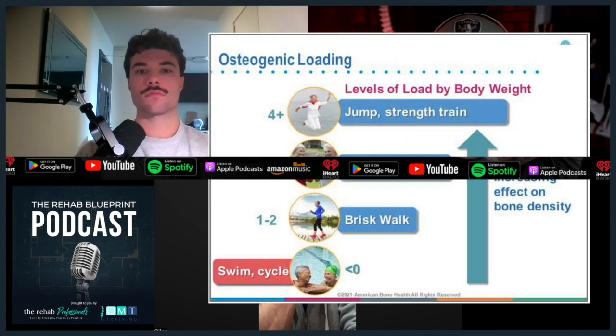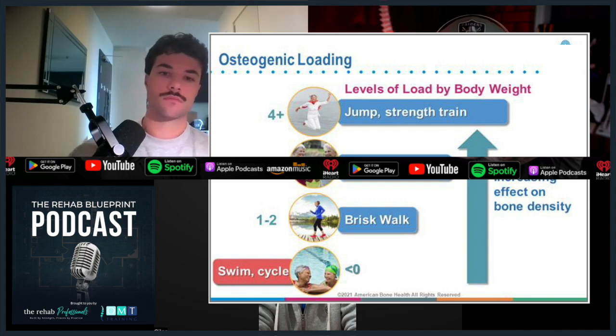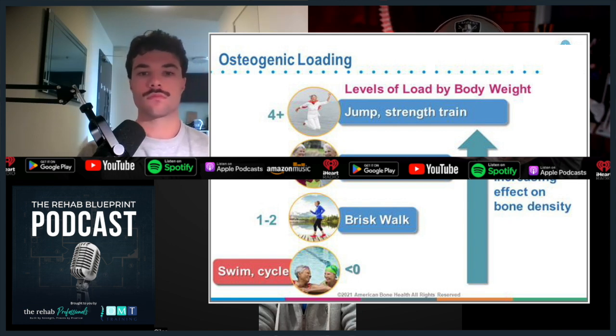What we're getting here is a spectrum of the amount of bone formation by exercise, looking at the magnitude of load times loading frequency. Down the bottom, we have something like cycling or swimming, which is very low. Above that is walking, then brisk walking, then running and jogging. At the top, we have strength training and jumping.